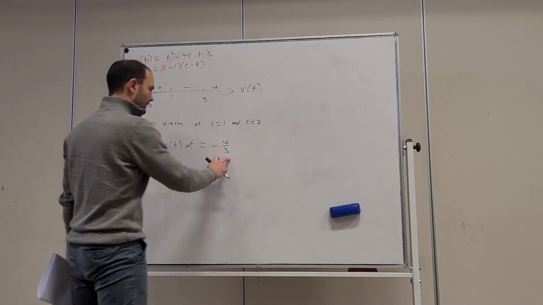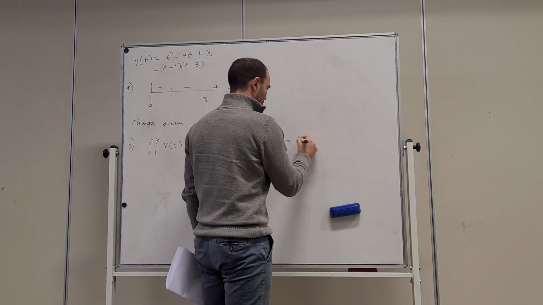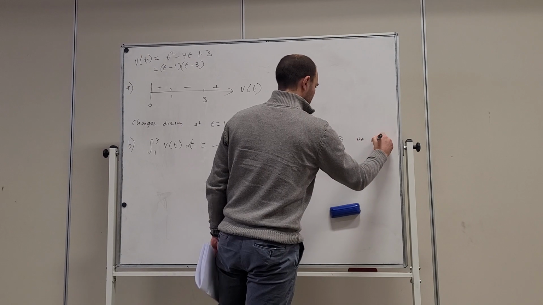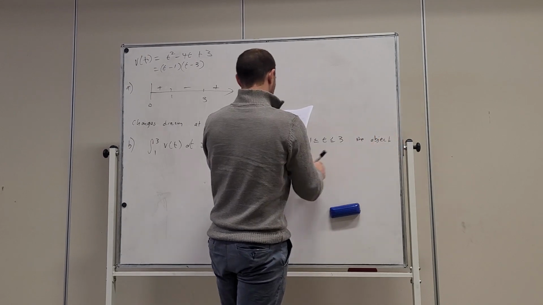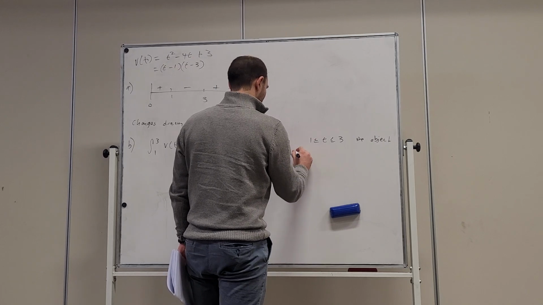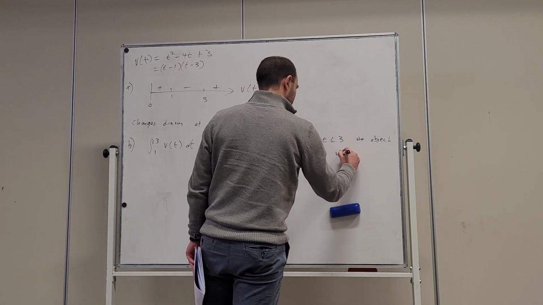So that's what it evaluates to. The significance: the object, the particle, we're not told which, moves 4 on 3, 1.33 recurring meters to the left.